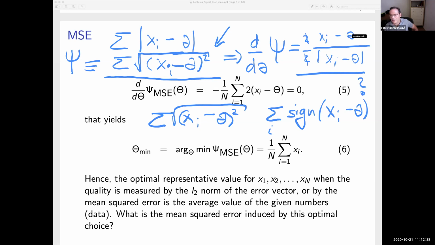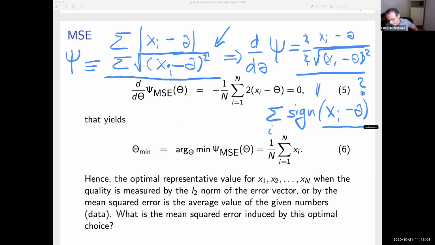Okay, this is what you will get. What you have here is basically this guy squared. So in fact, this is equal to nothing but the sum over the sine of xi minus theta.